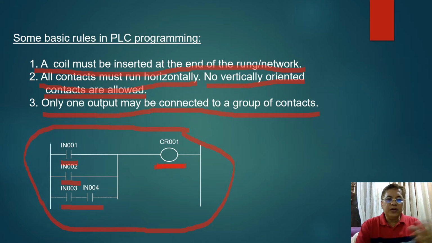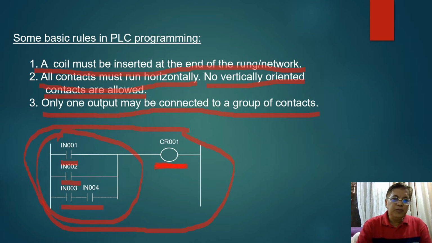So in every network, if you have, for example, two outputs, then it has to be connected to another network. Okay, so this part here of your ladder diagram is the input part, and this part here is the output part of your ladder diagram.